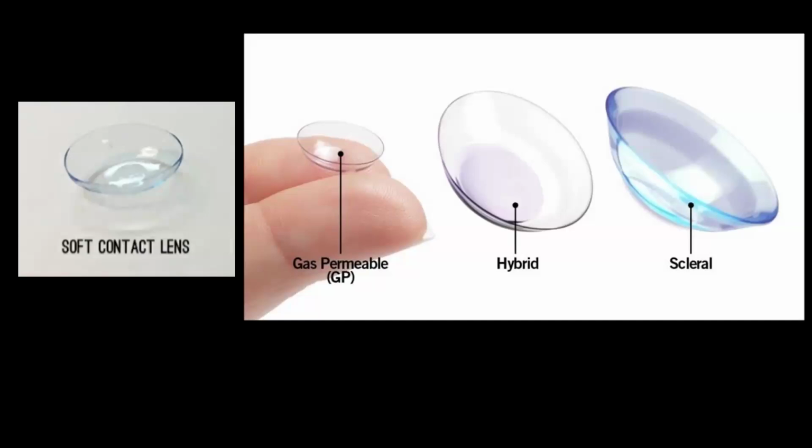So the skirt at the edge, which is a soft contact, and the RGP at the center gave rise to the hybrid contact lenses. So both vision and comfort are achieved. However, that wasn't enough. So you have the need for contact lenses that can cover the entire cornea without sitting on the cornea. So that gave rise to scleral contact lenses.